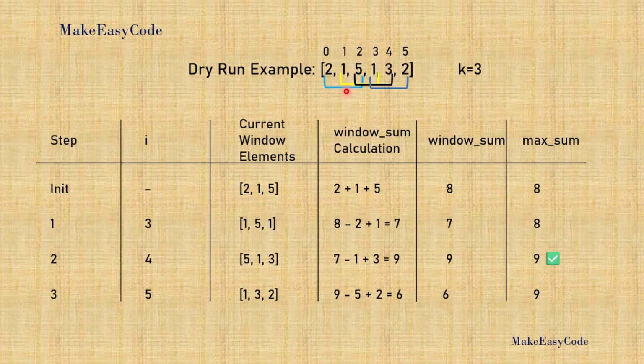So the new subarray becomes 1 5 and 1. You can see the yellow color, 1 5 1, also written here.